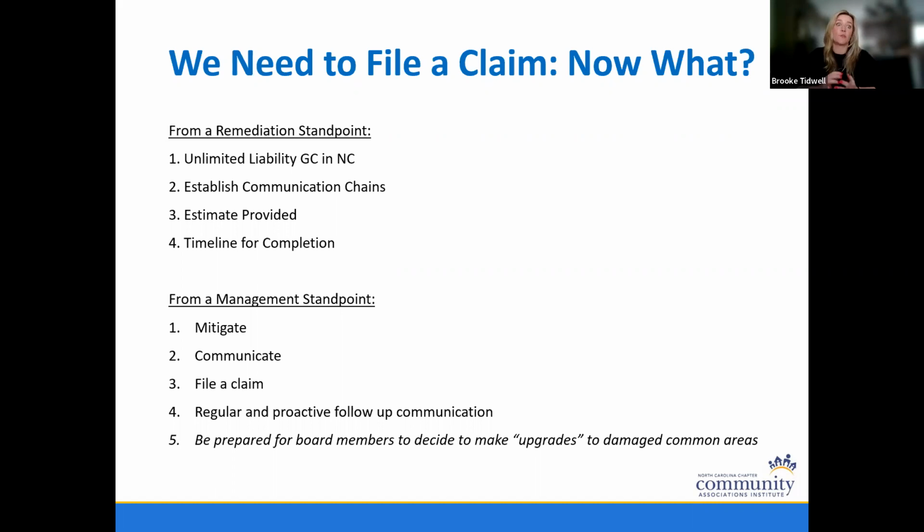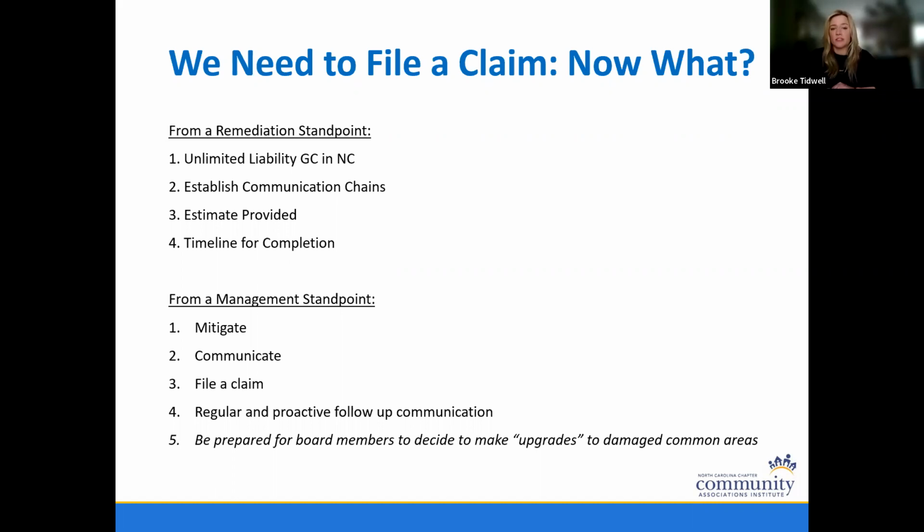Again, if we're going into a situation where it might be a natural disaster that we can get ahead of, let's just go ahead and educate yourself on the claims process for your communities, so that you're not blindsided, but that would be your next step. And then again, just regular and proactive communication to your board members and any affected residents.